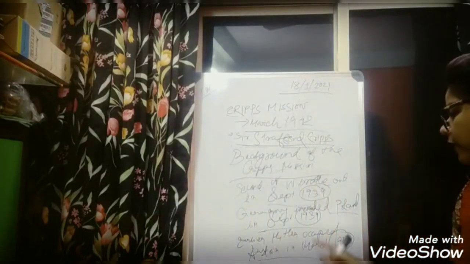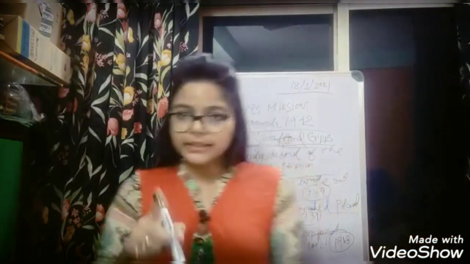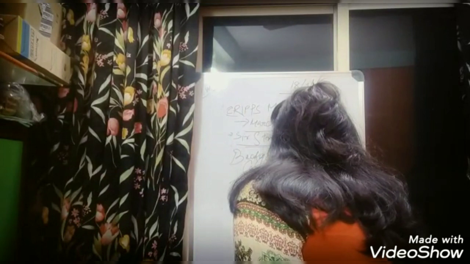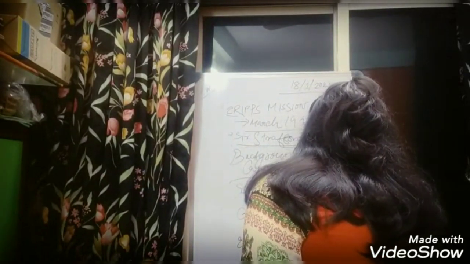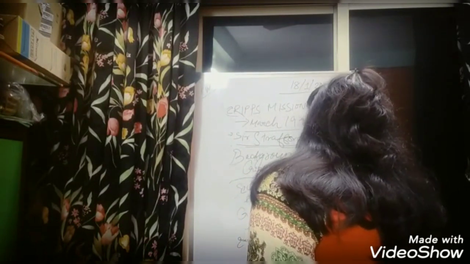Hitler occupied Austria in March 1938, and after that Hitler occupied Czechoslovakia in 1939. These two dates are very important.